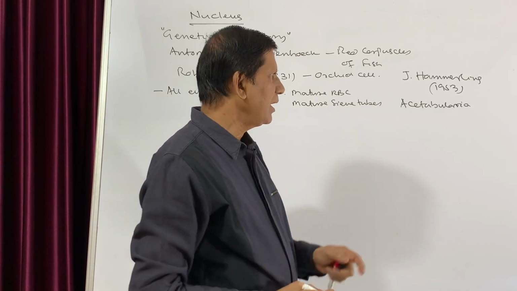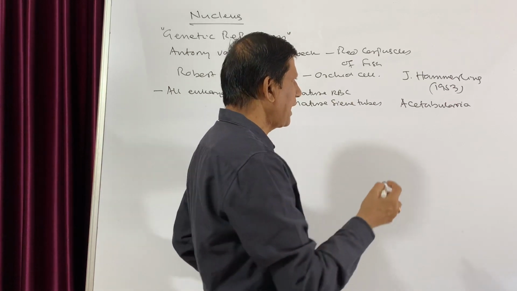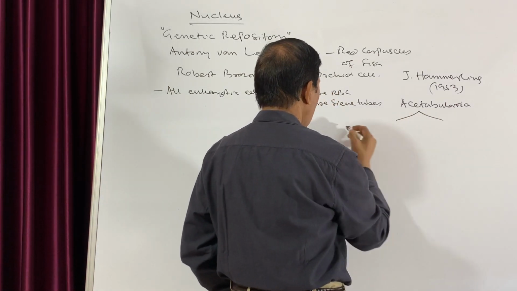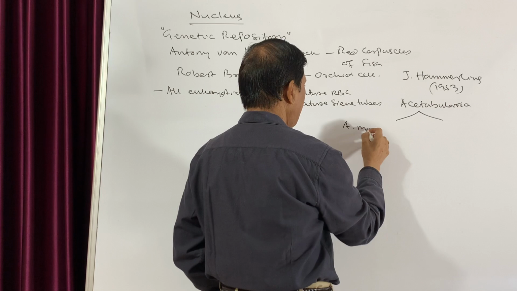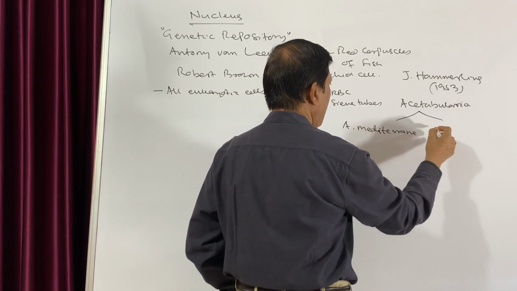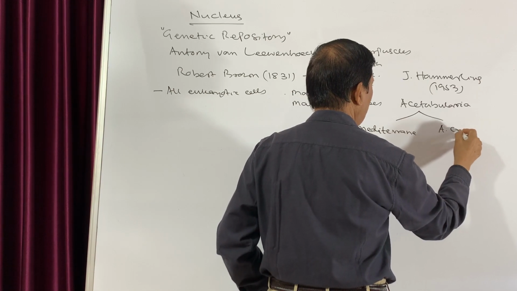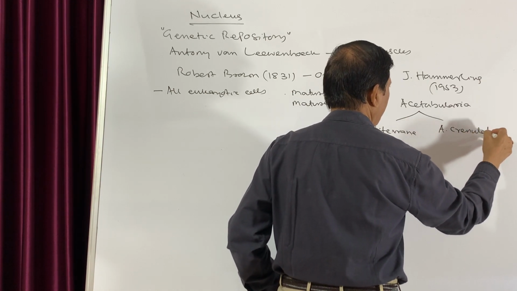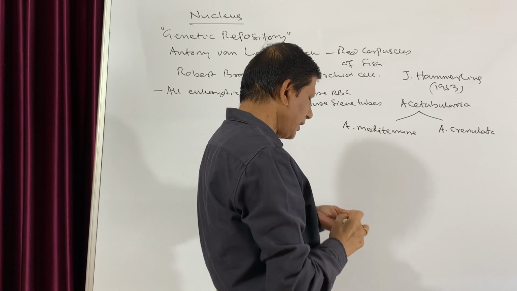In Acetabularia, there are usually two types of species. One is Acetabularia mediterranea, and the other is Acetabularia crenulata. Now, what is the difference?